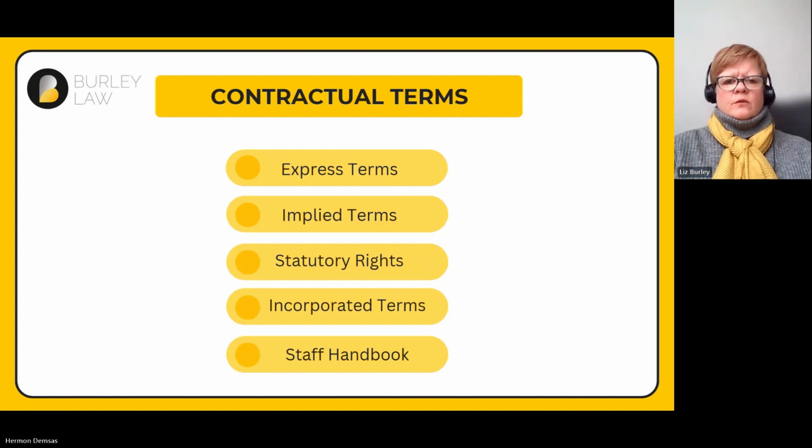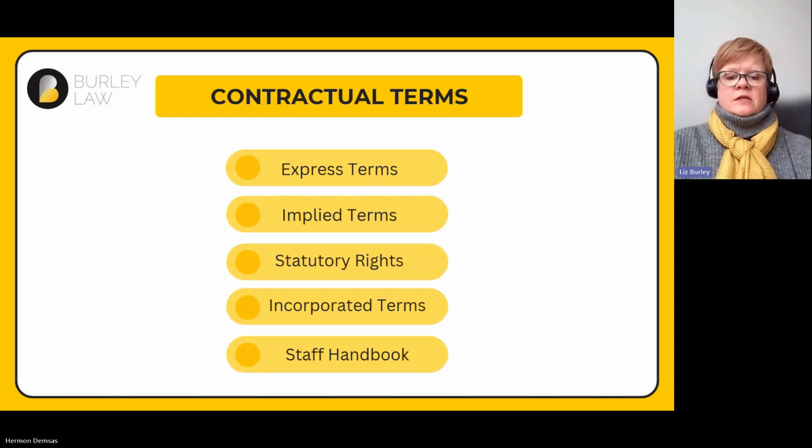So when the term of mutual trust and confidence is broken on the employer's side, that will usually mean that an employee is entitled to resign in response to that breach. And we usually think of that and refer to it as a constructive dismissal situation.